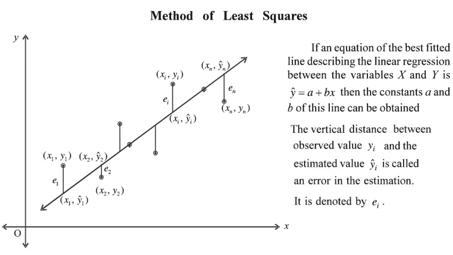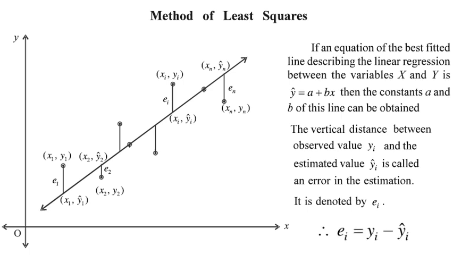The vertical distance, as I have just explained, between the original observations and the estimated observations is known as the error. It is depicted by Ei. So error is the difference between the original observation yi and the estimated value y cap i.